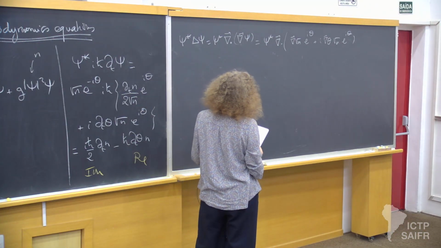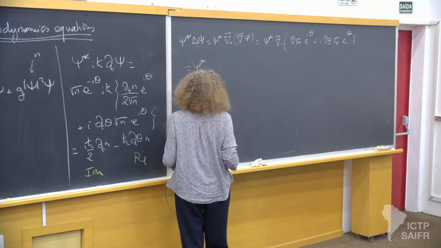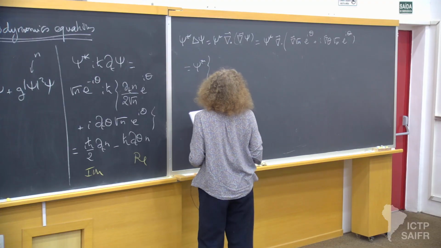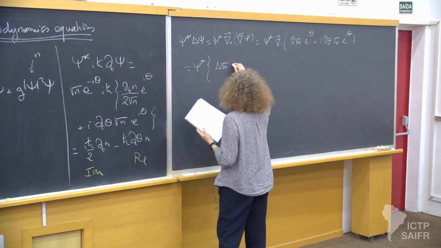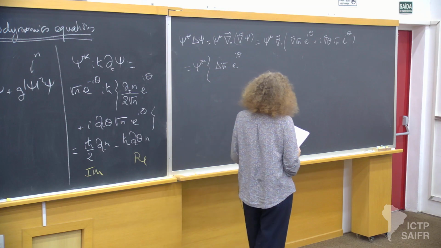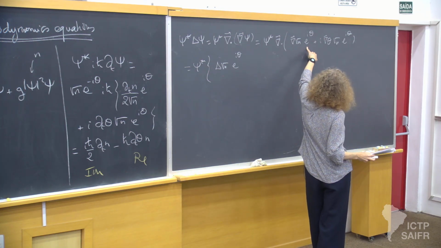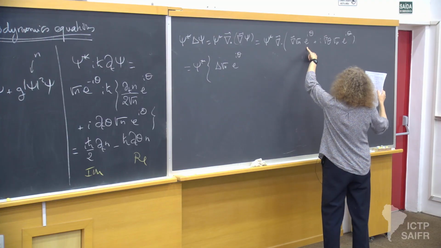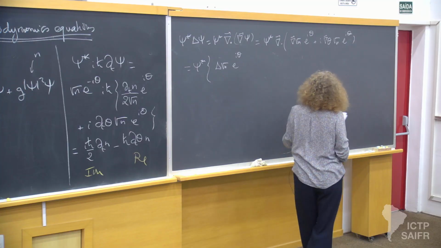And now I have, again, to apply the divergence. And so this gives me the Laplacian of square root of n, e to the I theta. And then if I apply the gradient on e to the I theta, or the gradient on square root of n, I will have twice the same term.